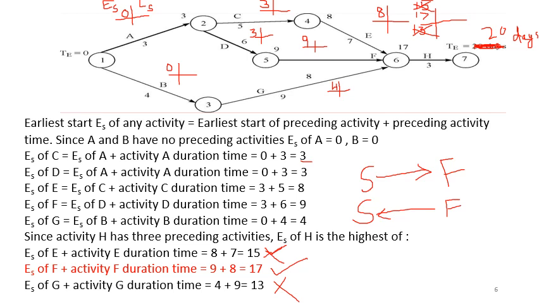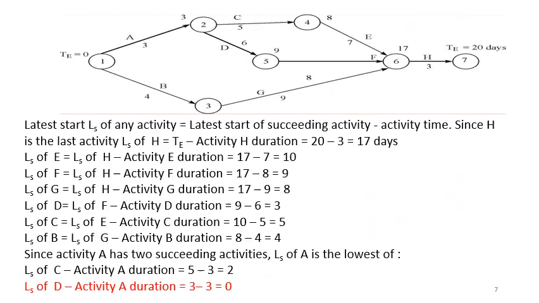So again, let us now calculate the latest start for each activity. When we calculate the latest start, let us just see here, the earliest start we had calculated previously. It was 0 for A, earliest start was 0 here. Similarly for B also it was 0. For C the earliest start was 0 plus 3, 3.